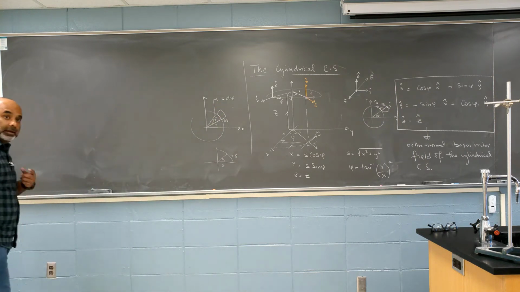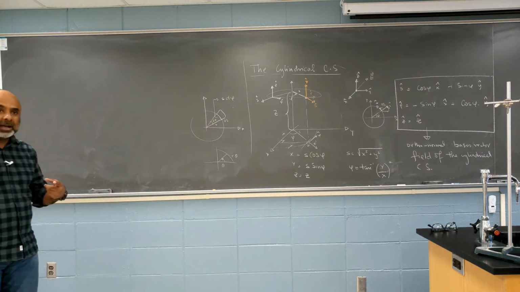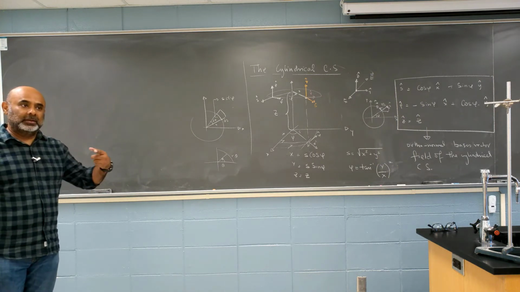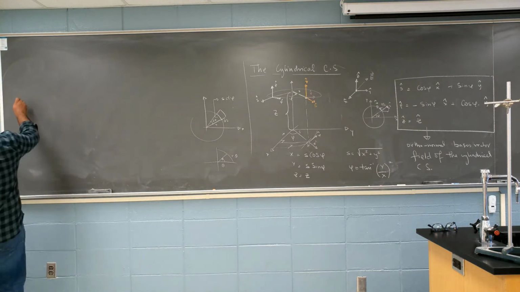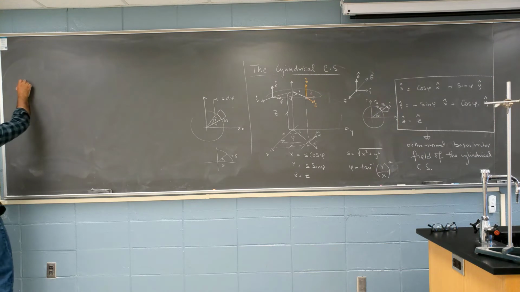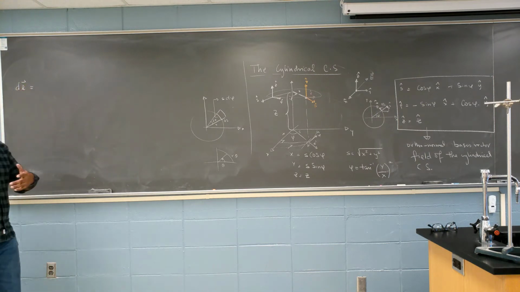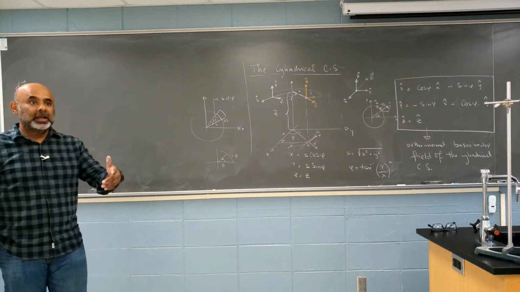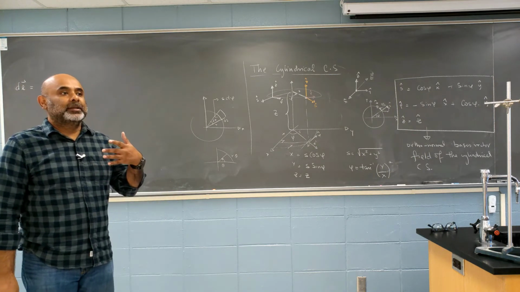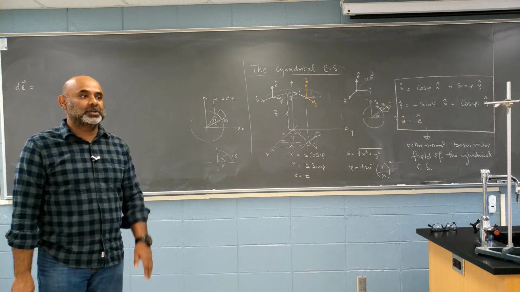So now let's write the length element, the area element, and the volume element, dl, so that we can do line integral, area integral, and volume integral in Stokes' theorem and divergence theorem, for example.